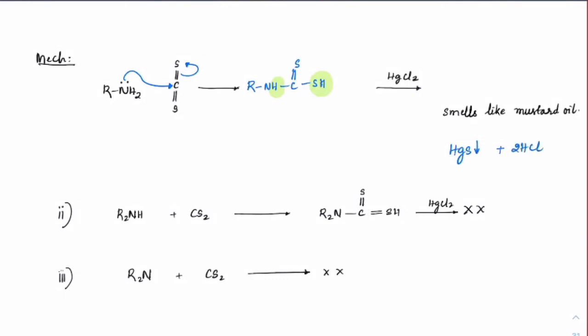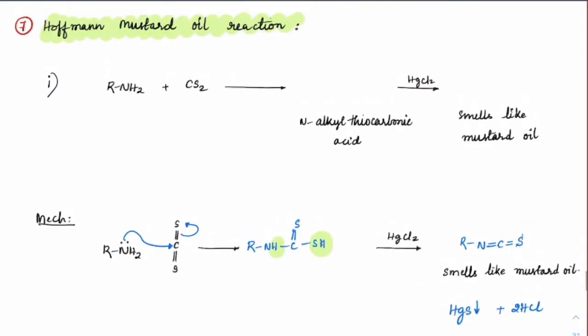And the rest of the molecule which is there is R, N, double bond C, double bond S. So this is like an isocyanate, a thioisocyanate. This will form the thioisocyanate, which will smell like mustard oil, right? And that's a confirmation when the smell of mustard oil comes, which confirms it is a primary amine. So let me write that down here.